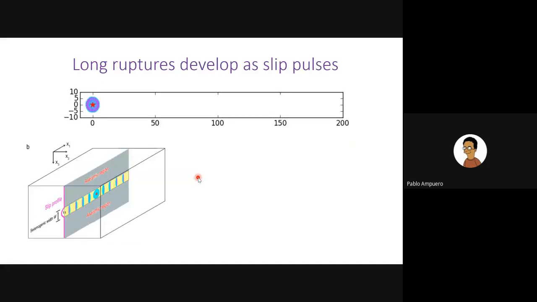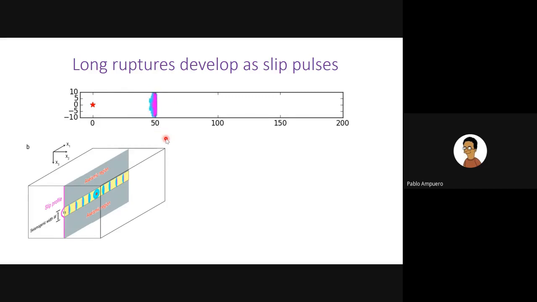So why is this a big deal? Here's an example of a dynamic simulation of a long rupture. And then you play it again so that you see what happens at the beginning. It starts as a circular rupture, and then it's just a strip of slip that migrates along the fault. The colors here indicate the velocity of slip.